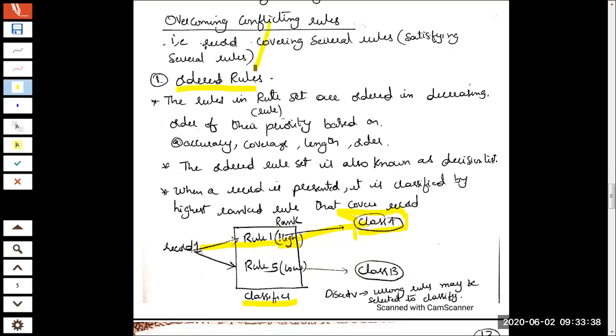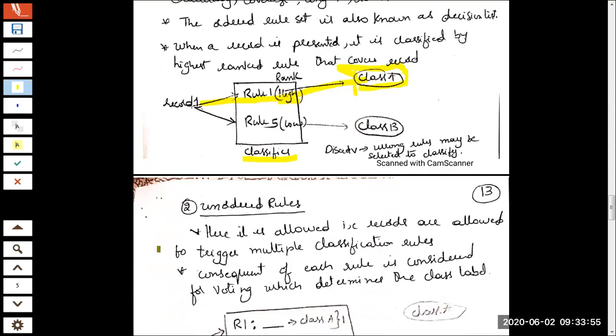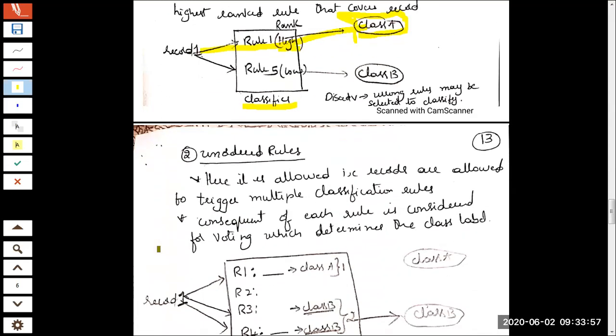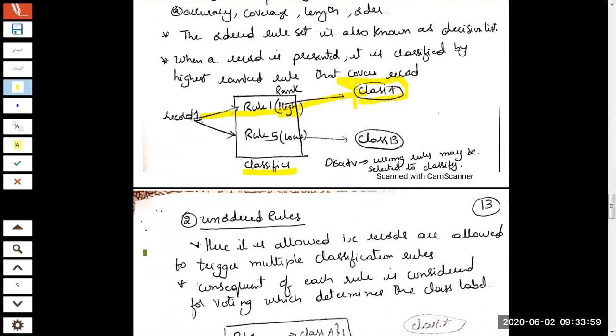Please understand we are studying how conflicts can be resolved. We understood what a conflict is. One way of doing it is by giving ranks or priority to the rules. But please note there is an issue. What is the problem?